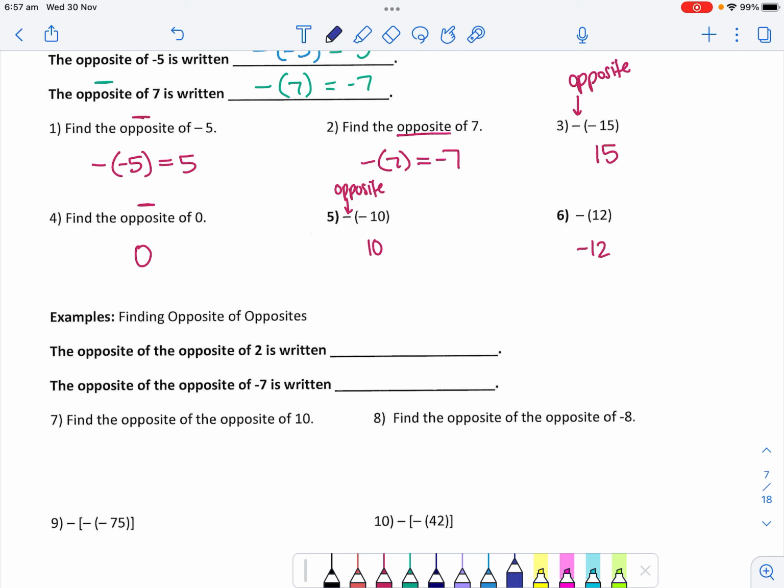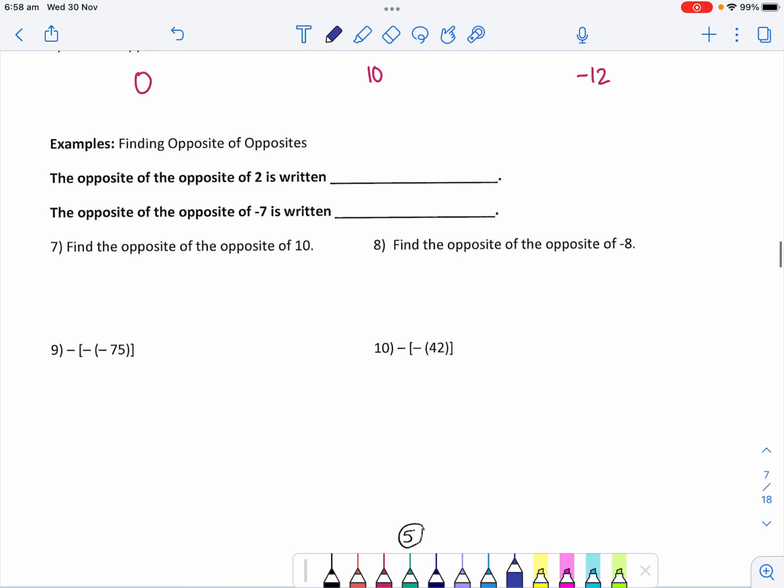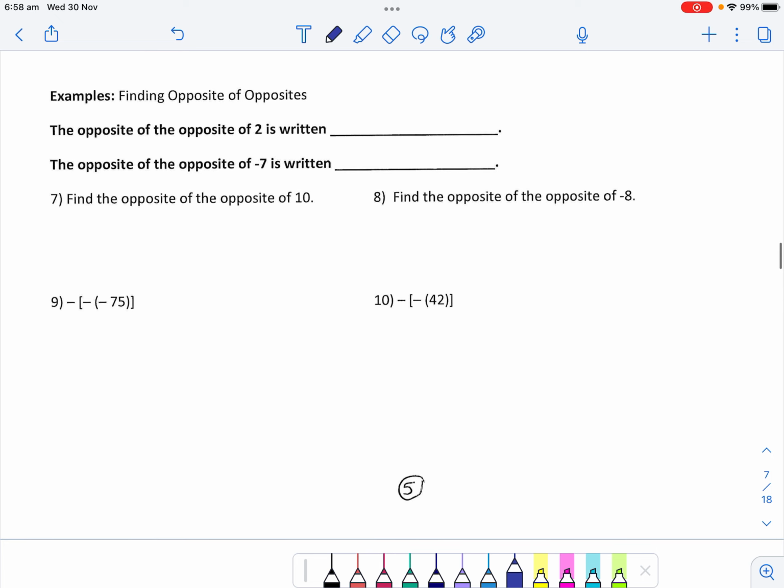Now in this next part, it says finding opposites of opposites. So there's going to be two of these words here. Find the opposite of positive 2. So we're going to have more than one negative symbol when it comes to our symbolic expression, the expression involving math symbols.